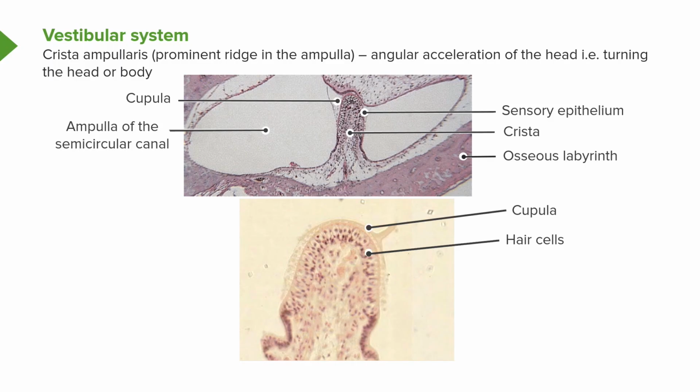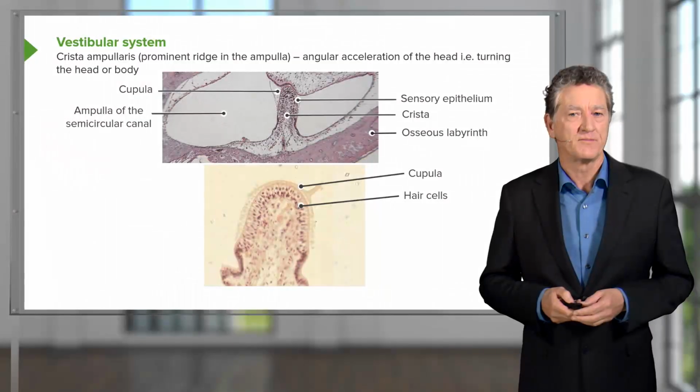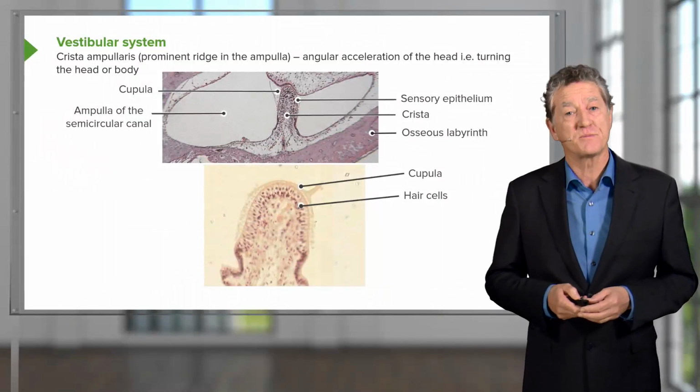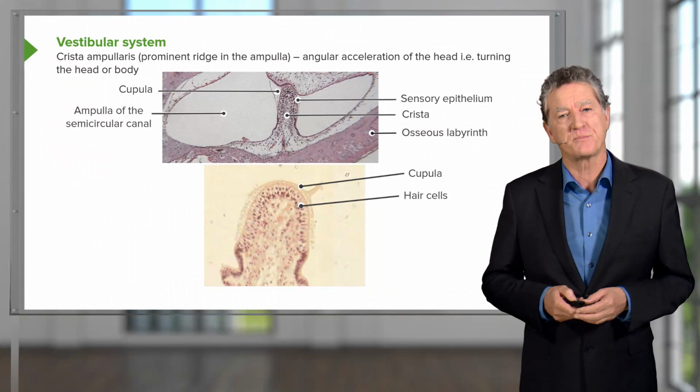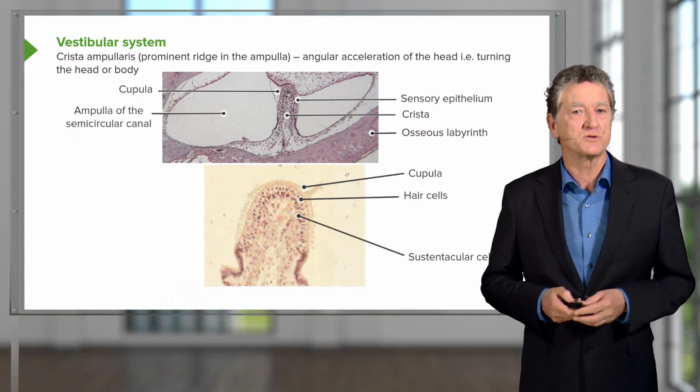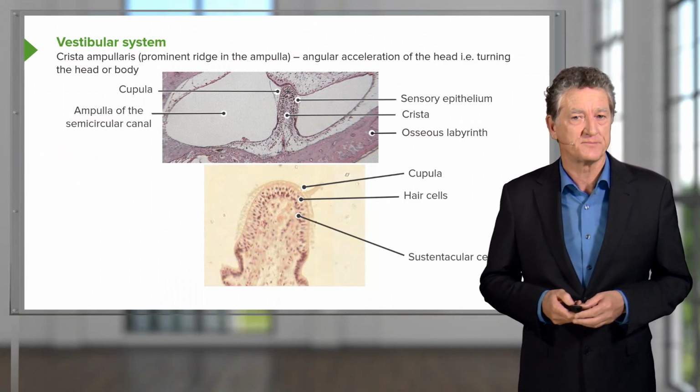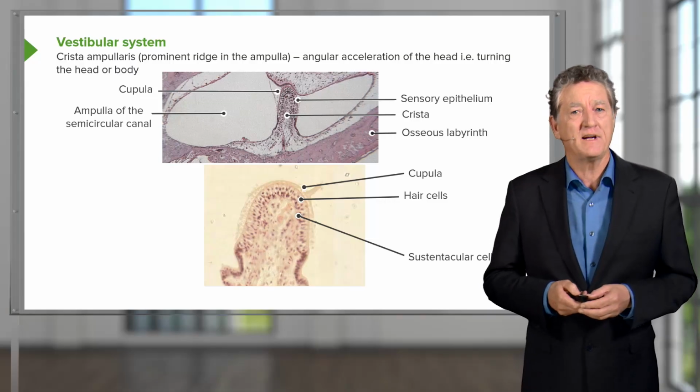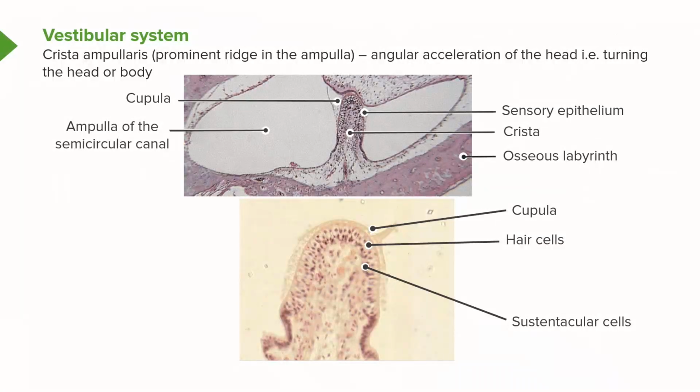And the cupula is just a very pale yellowish glycoprotein gel-like substance sitting on the surface of the hair cells. And the hair cells, of course, as we saw earlier in the diagram, are supported by supporting cells or sustentacular cells. Very hard to understand really the histological details here, as I said before, because the details aren't preserved that well.